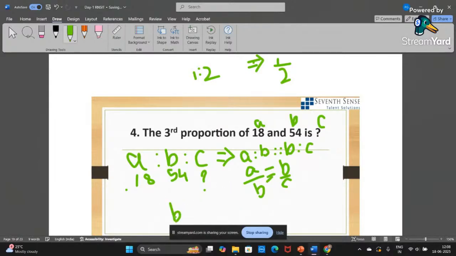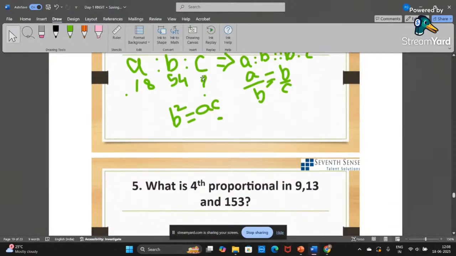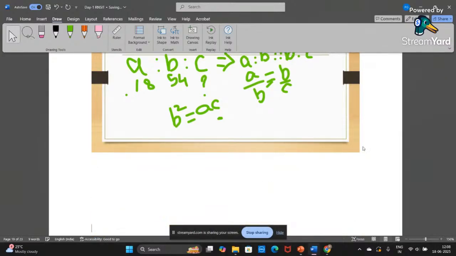B square equals AC, right? So you need to find out C value. Just substitute the values over here.